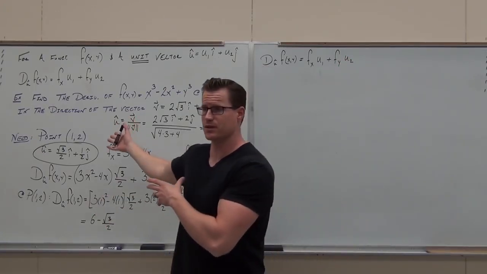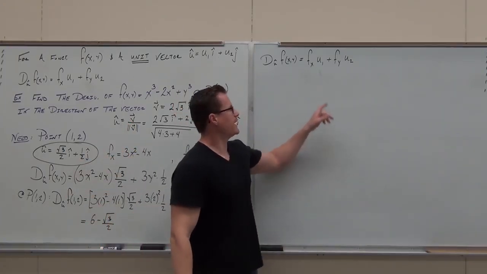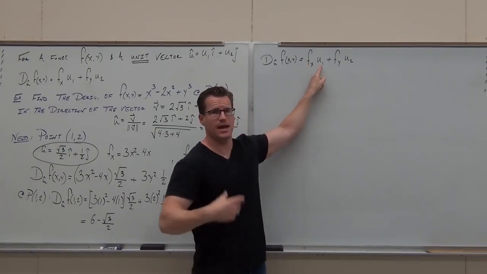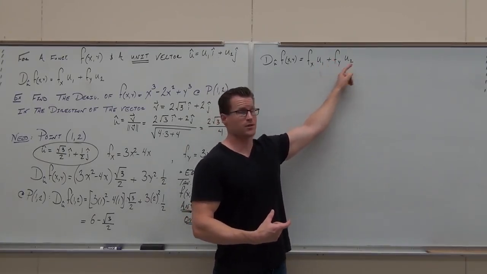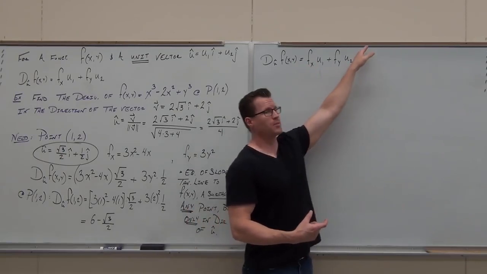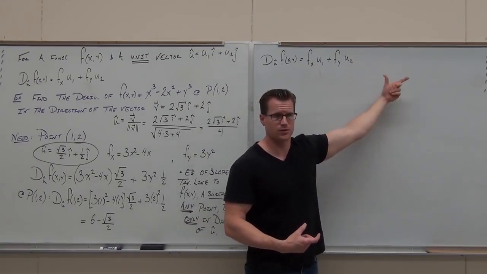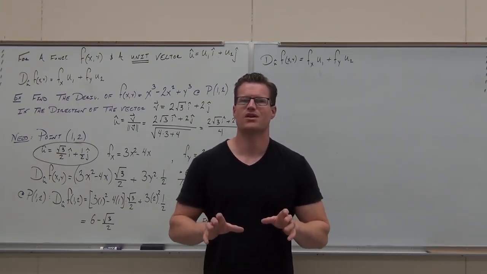It's really convenient for this technique. But I want to show you something. Do you notice how that's a partial derivative with respect to x, and this just happens to be the x component of a vector? That's the partial derivative with respect to y, and that just happens to be the y component of a vector. And if I want to do x, y, z, I could just have the partial derivative with respect to z and the z component of the unit vector that we have. Well, that's interesting. Now I want to see if you guys can put it together.